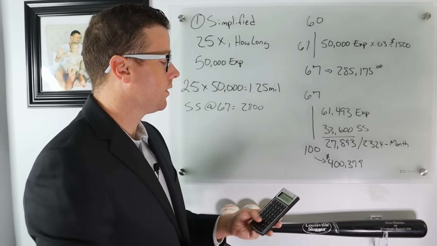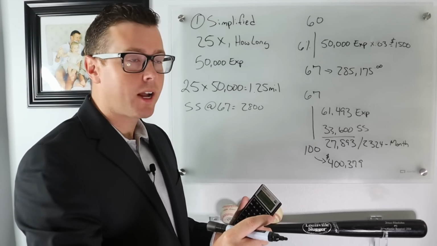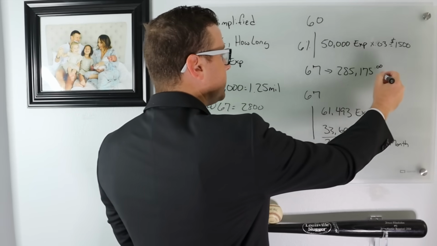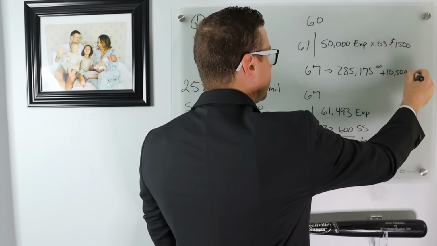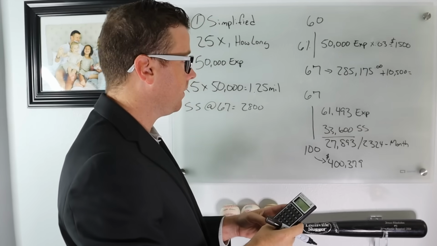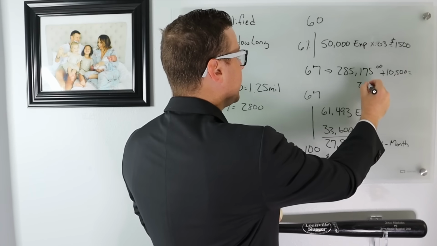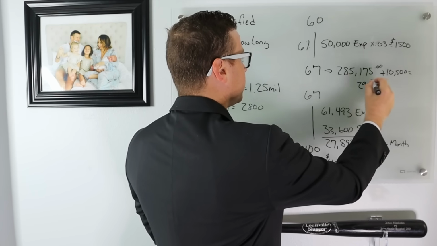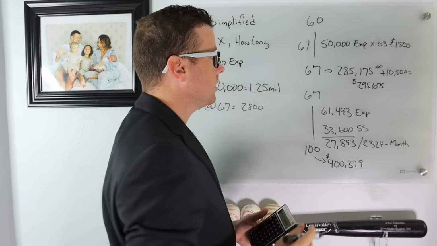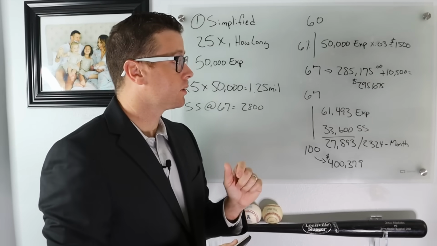So 10,500 goes here. So add that to 285,175. That means we need at least $295,675 from ages 60 to 67 for inflation and for our retirement expenses.